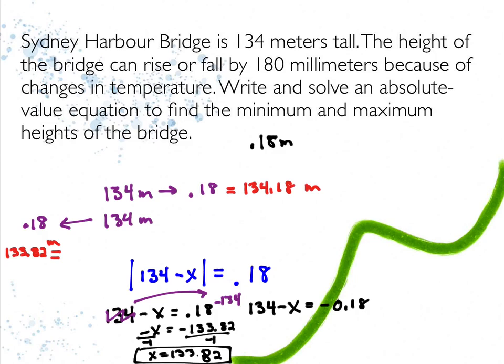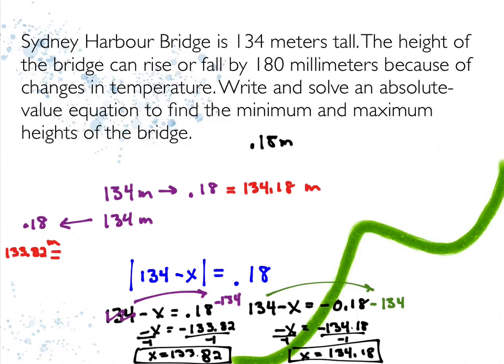Over here we'll do the same thing. Take this and we're going to make this a subtraction of 134. So negative x equals negative 0.18 minus 134. Well, let me do the math there. This is going to be negative 134.18. Divide both sides by negative 1. And x comes out to be 134.18. Those are two values that we found by just using some logic and figuring out without the expression and the whole equation.